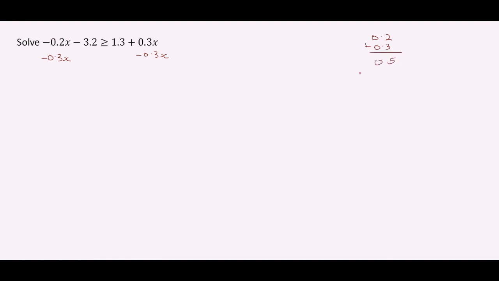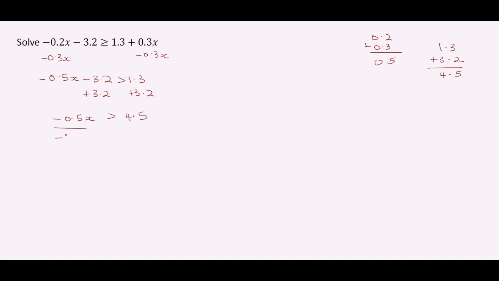So we have negative 0.5x minus 3.2 is greater than 1.3. Now we're going to add 3.2 to both sides. So 1.3 plus 3.2. 3 plus 2 is 5. We have 4.5. So minus 0.5x is greater than 4.5.